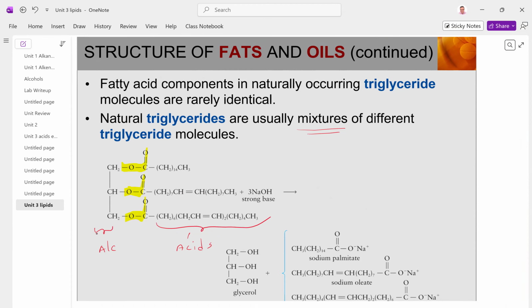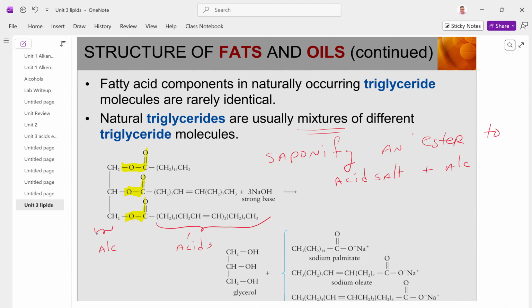Okay, so if you remember from last Monday's lecture, we can saponify an ester to the acid salt plus the alcohol.